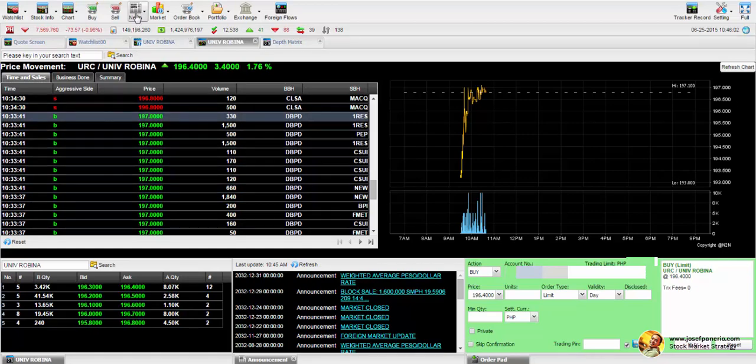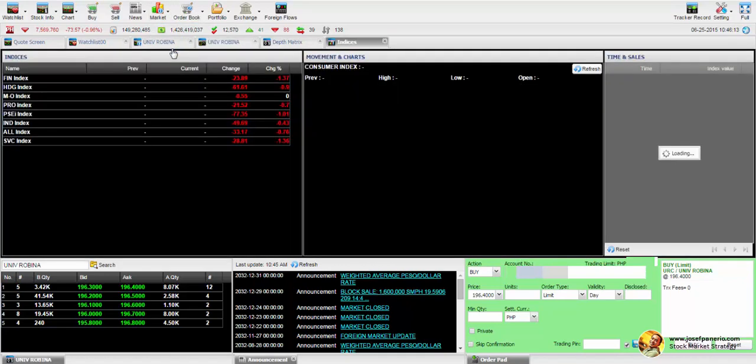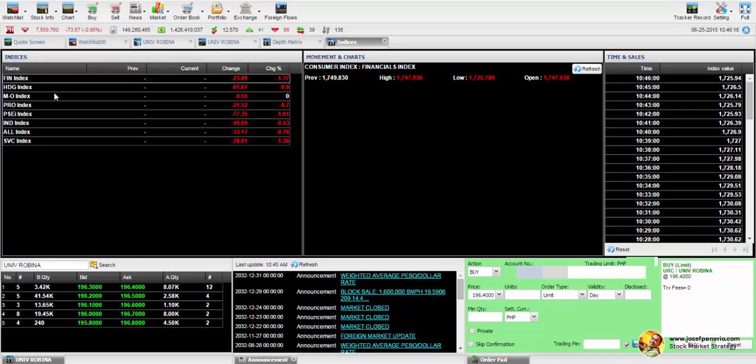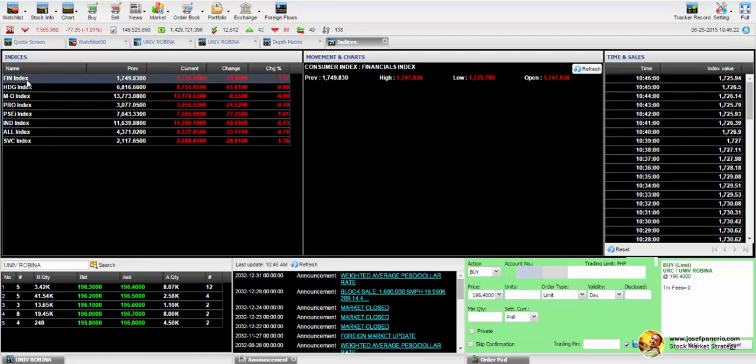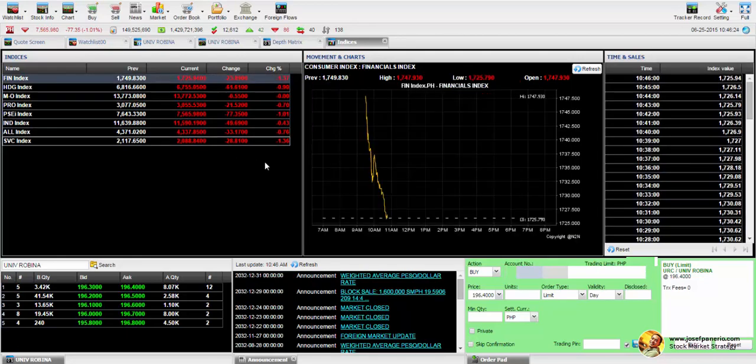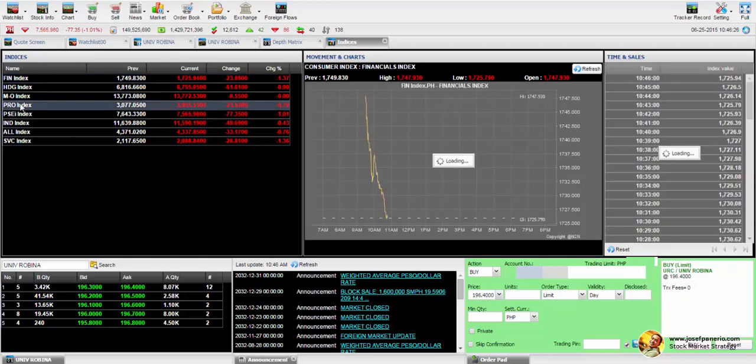And here the market news. So you have here, this is the market news. For the market summary, just click what you wanted to be displayed. So this is for the local market indices. For example, financial. So you can click on it. Properties.